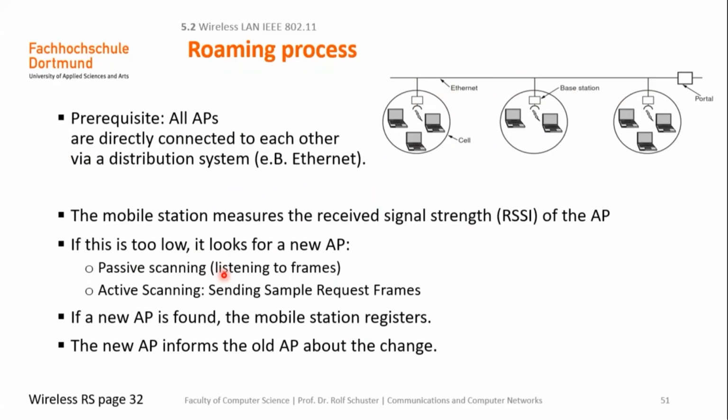If a new access point is found with a better RSSI, the mobile station registers. We will see which frame types are exchanged in that case, and the new access point informs the former access point about the change.